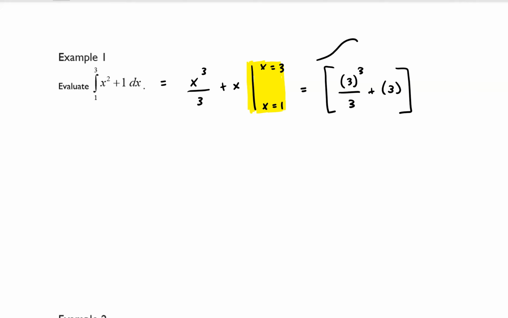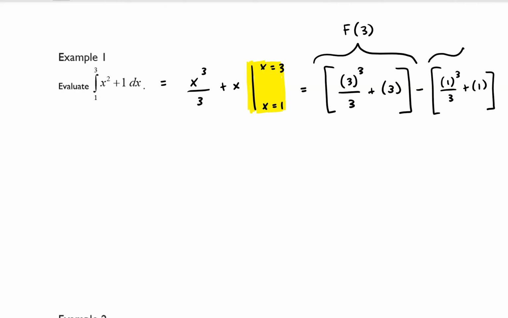This thing here represents capital F of b, which in this case our b value is 3, and then minus 1 cubed over 3 plus 1, like that. And this thing here represents capital F of a, and our a value is 1.